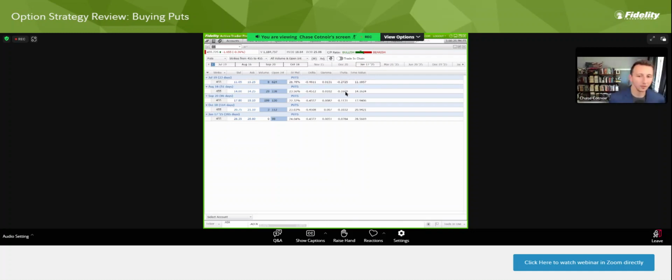Something else to note, however, is not only does the nominal number increase through time, aka the shorter expiration has a higher theta, all things being equal. But if we look at theta as a percentage of the option contract value, that's another way that we can think about it, right? So this is 7 cents.